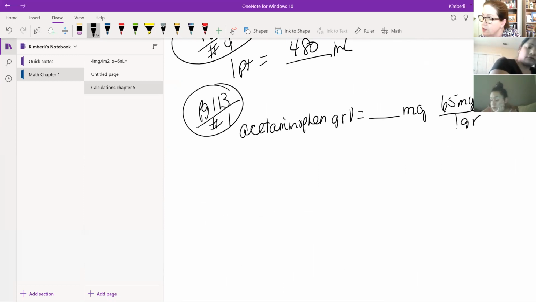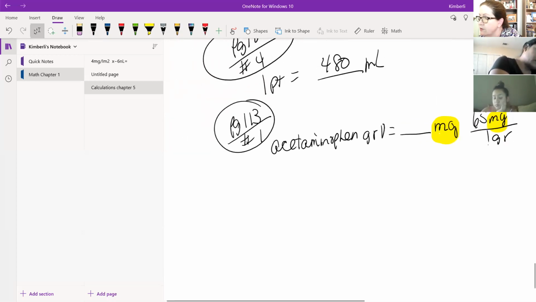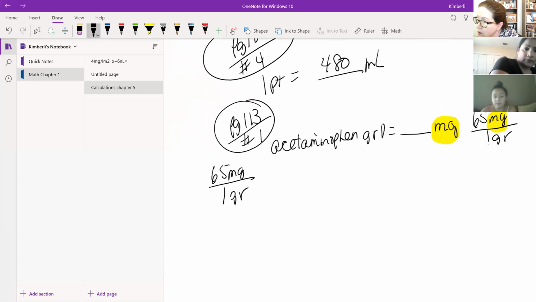Okay, and since I'm looking for milligrams, I'm going to put the milligrams on top with its number, and since its number is 65, I'm going to do 65 milligrams and then multiply it by 5 grains.